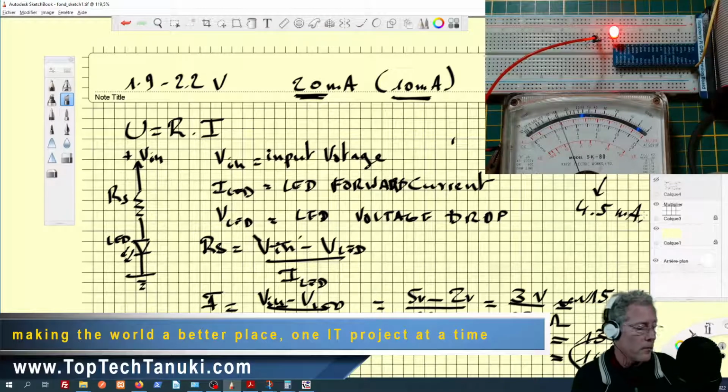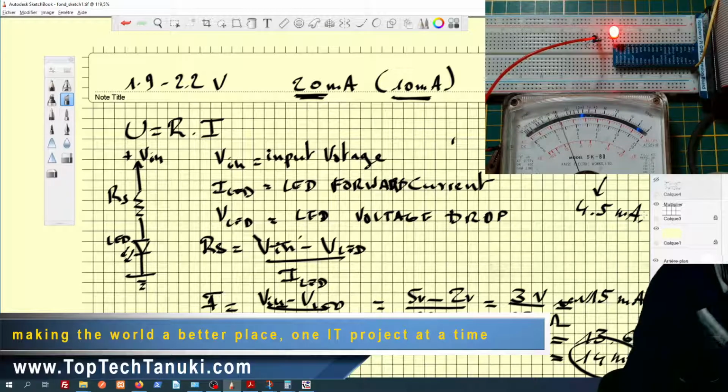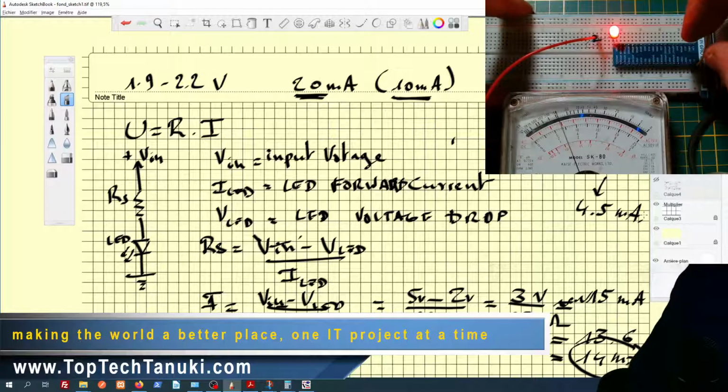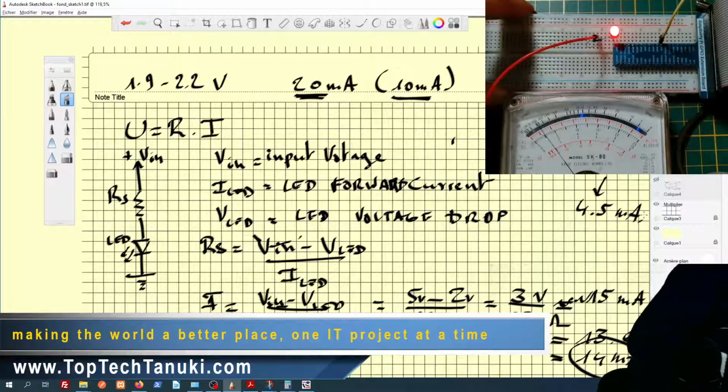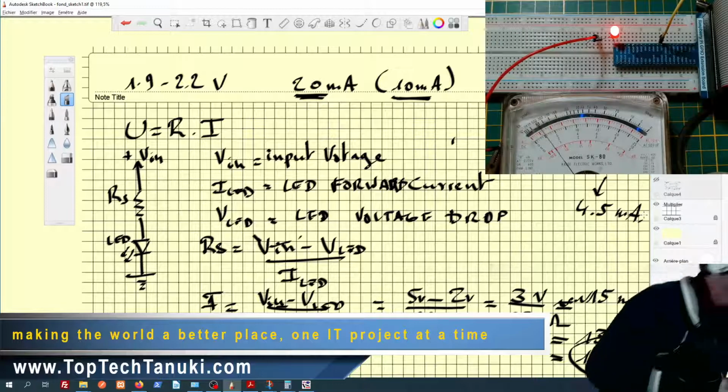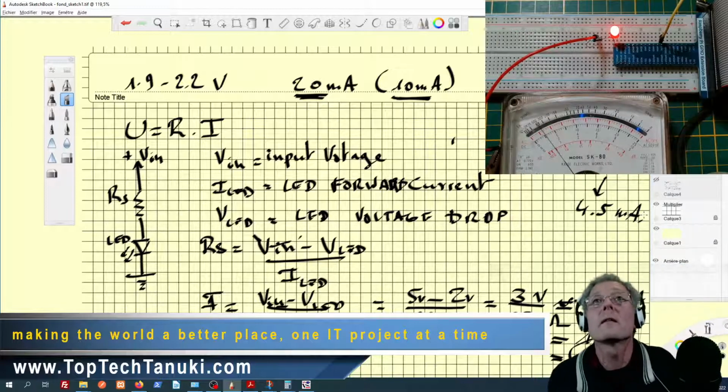Okay, so what would happen? I will change here my pin to go to the 3 volt, which is here, I guess. Yes, 3 volt. Okay, it must be a little bit less.